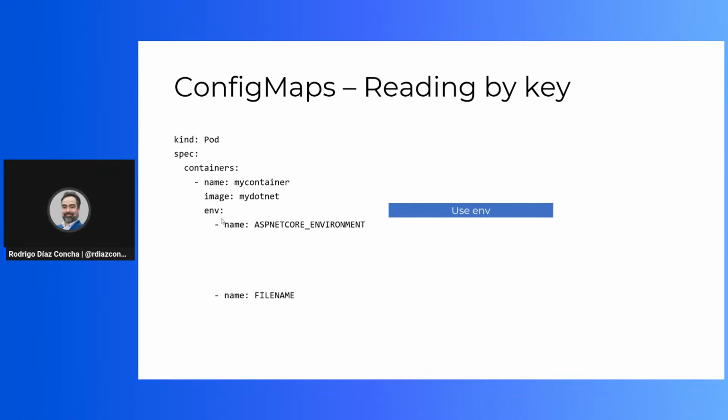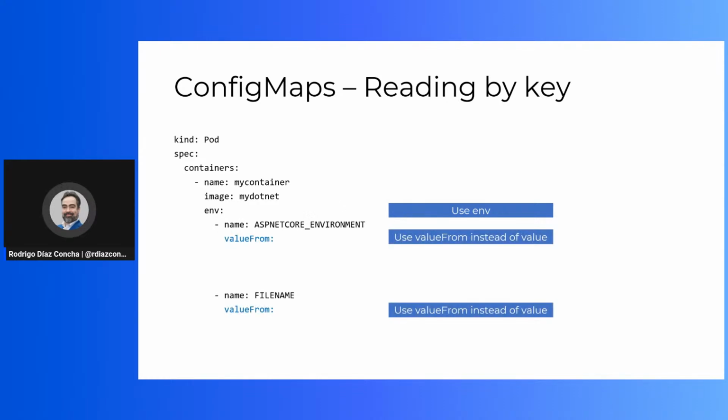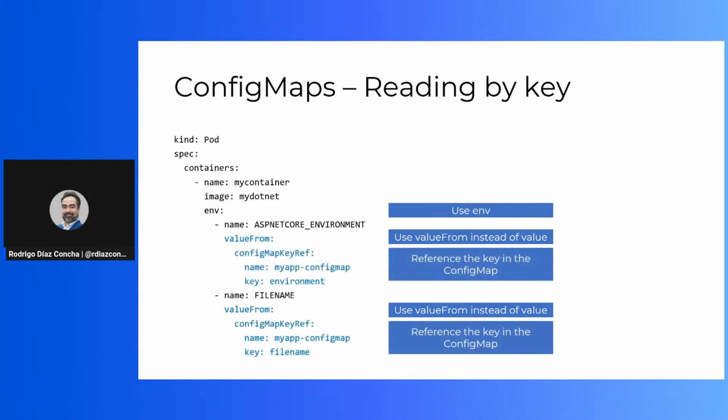The most important thing here is that I'm not using env from anymore. I'm just using env, okay? So you use value from instead of value when specifying your environment variables, and you use the config map key ref, okay? You reference the key inside the config map instead of the entire config map object.